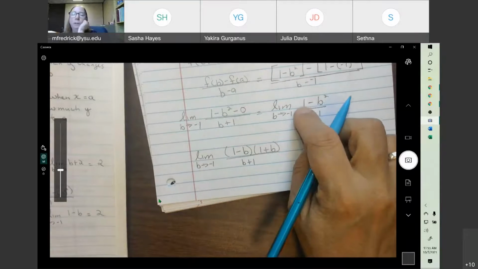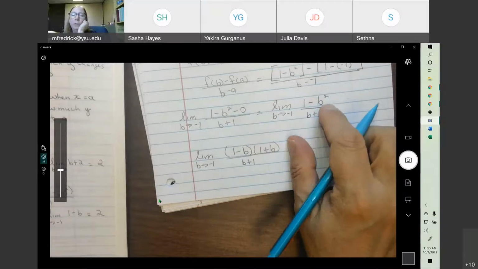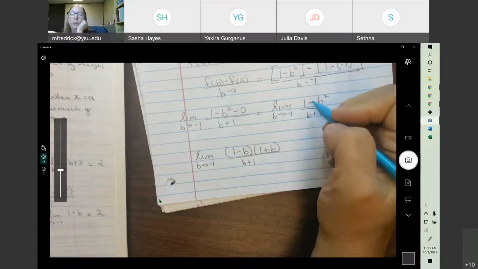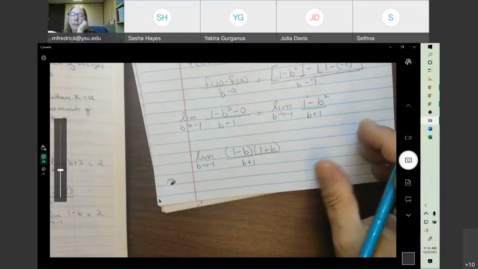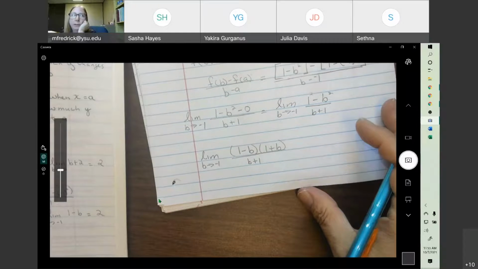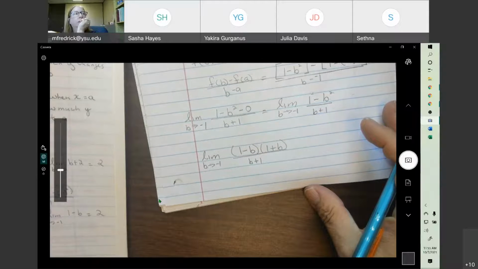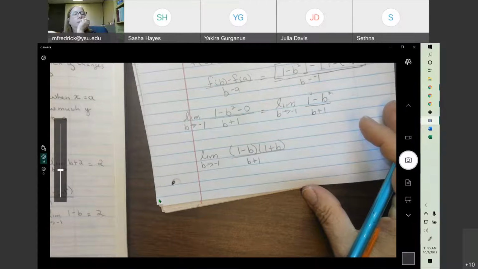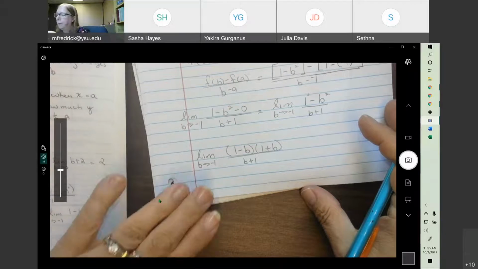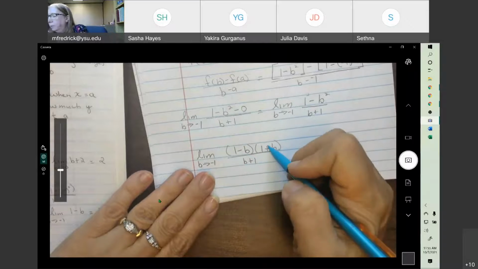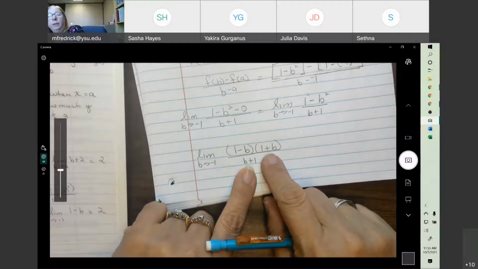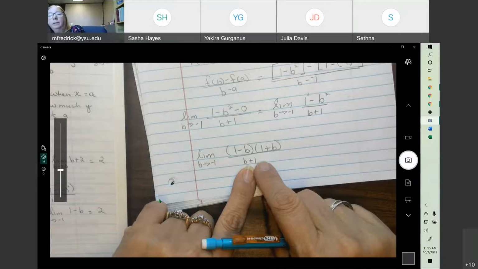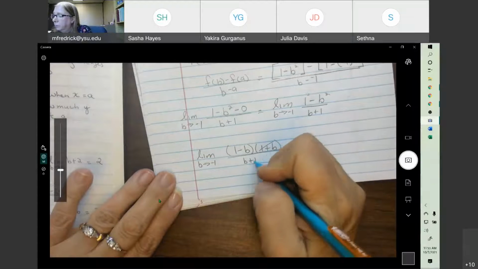This will factor into 1 minus b and 1 plus b because they're both perfect squares. 1 squared is 1. Any questions on the factoring? These two will cancel. Even though they're in an opposite order, they're all positive. They're the same signs. So these can cancel.